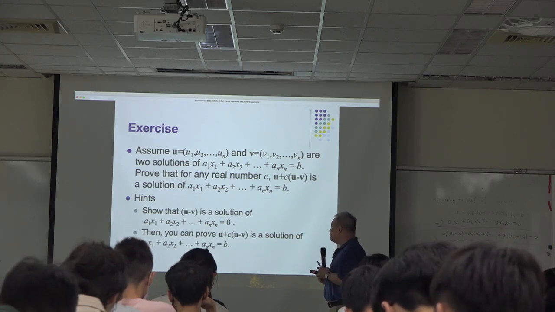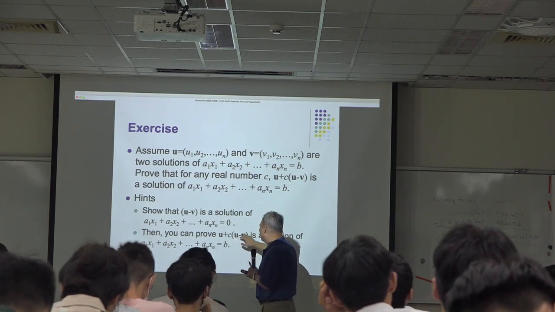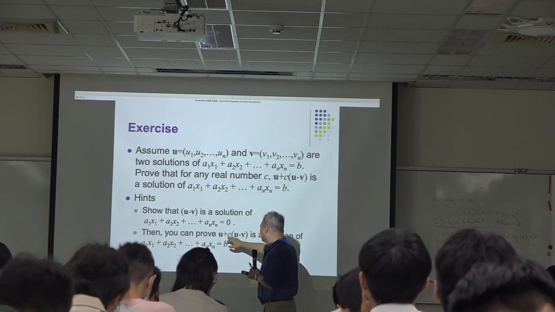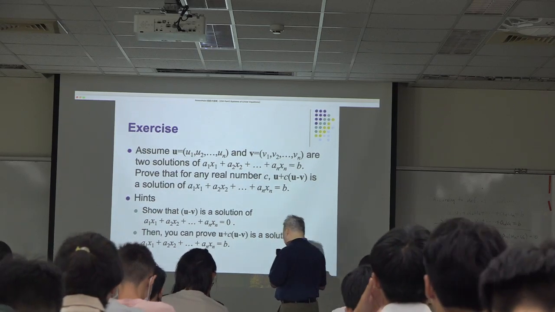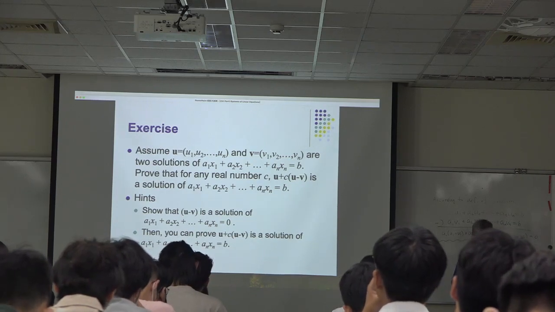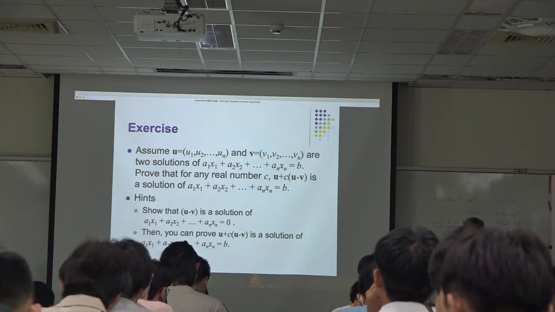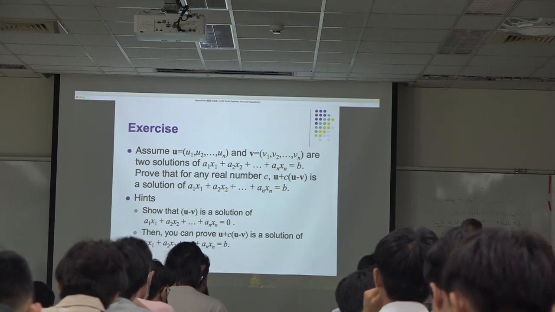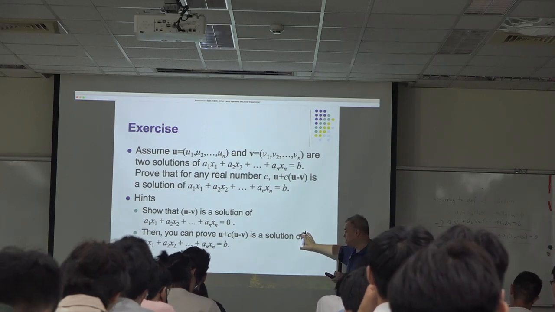Then we want to prove that u plus c times (u minus v) is a solution. Let's write down the goal we want to achieve.